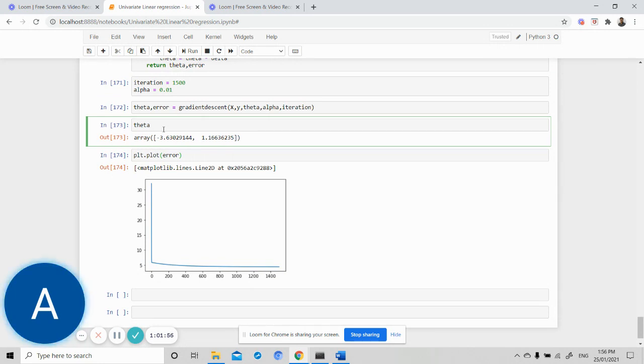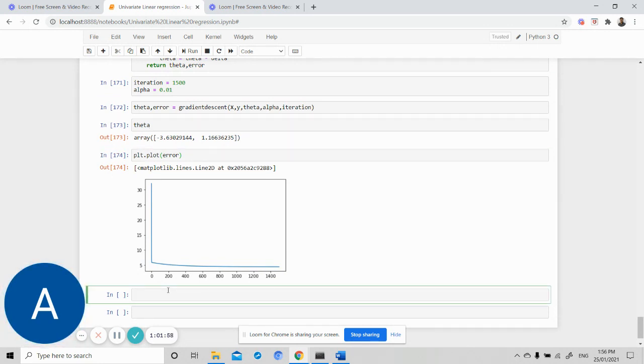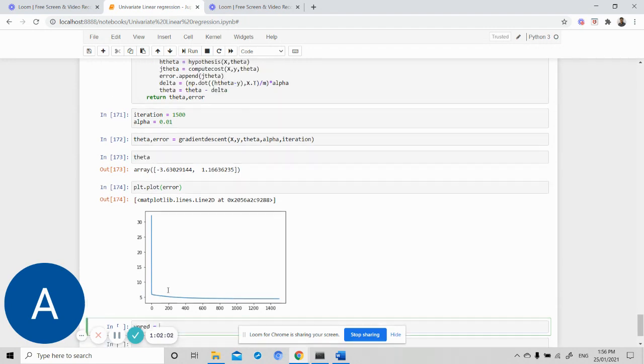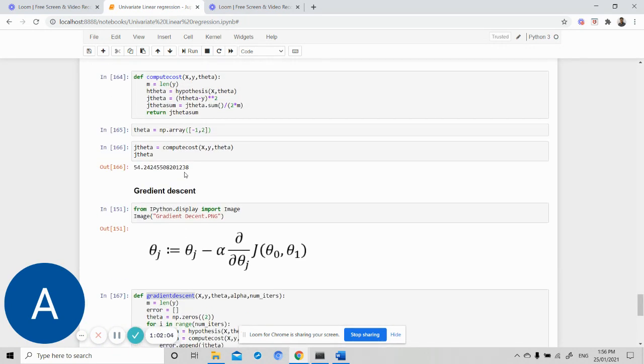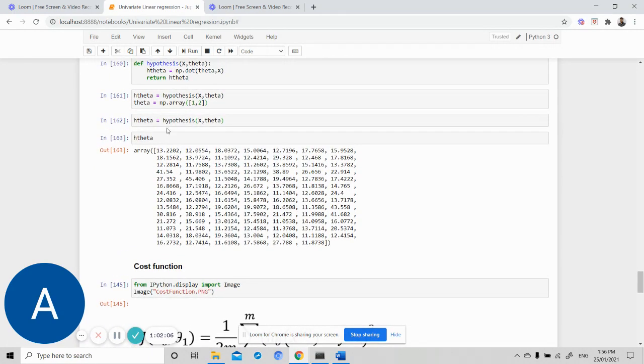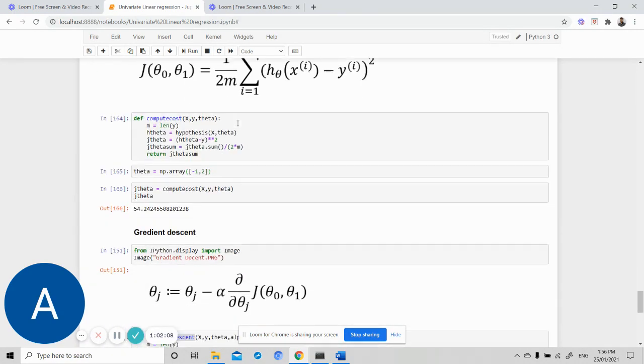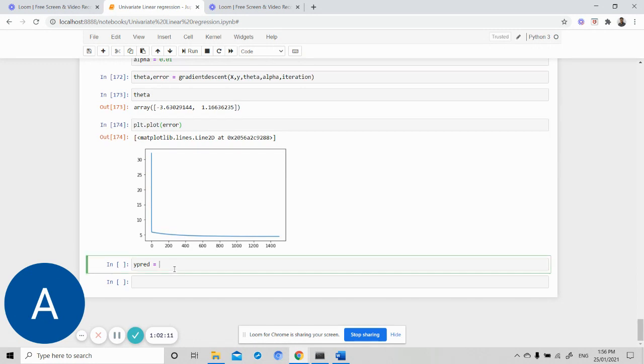So if we need to do a prediction, suppose let's say y. So this is my prediction. Now let's plot my predicted value against x of 1, because the 0 is completely 1.